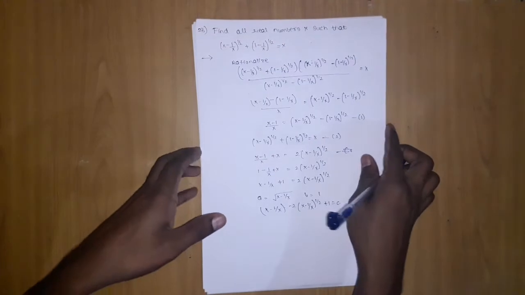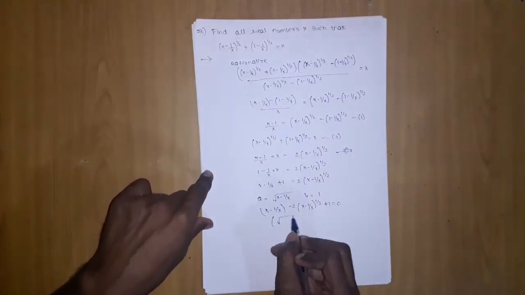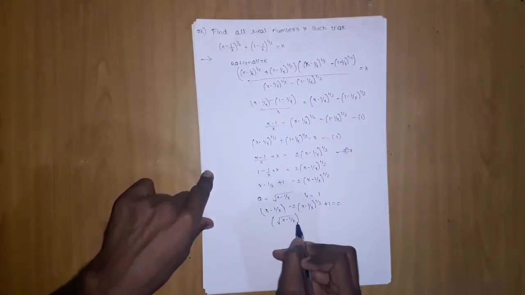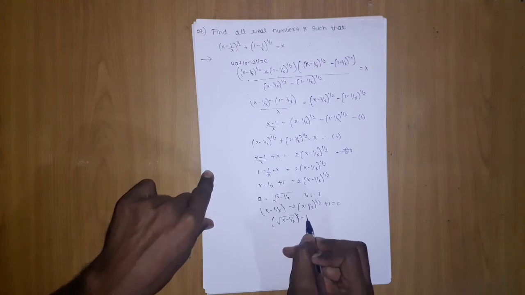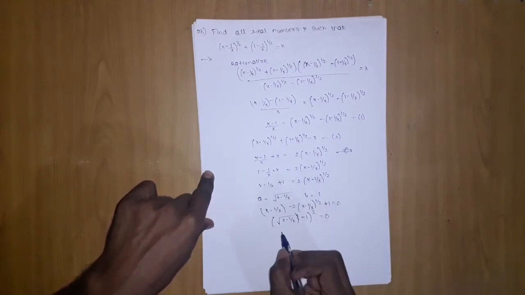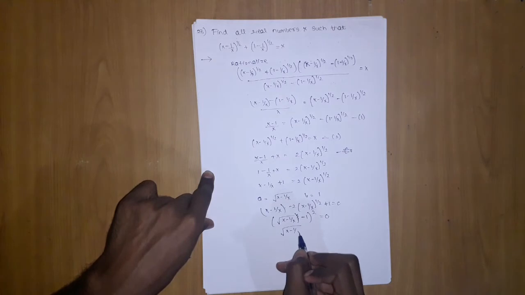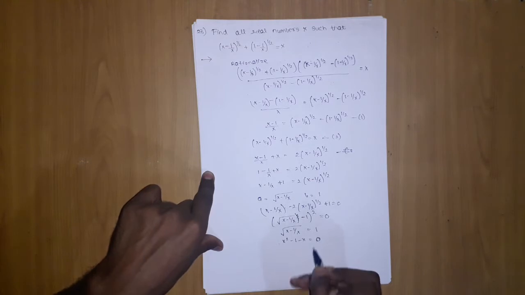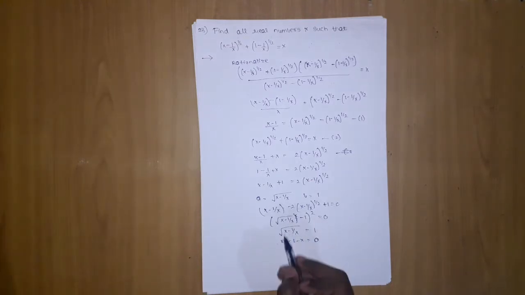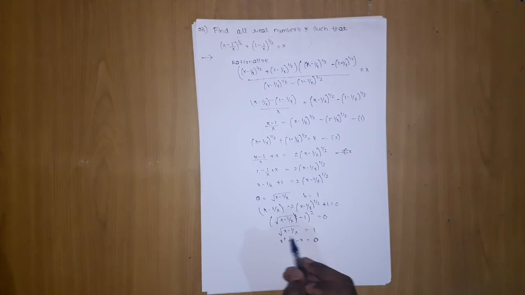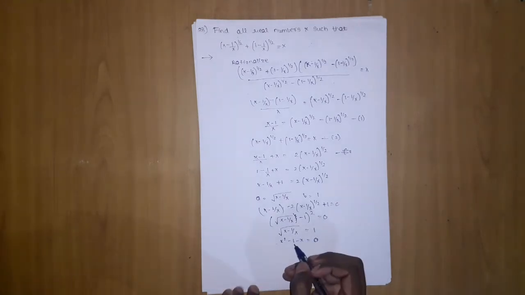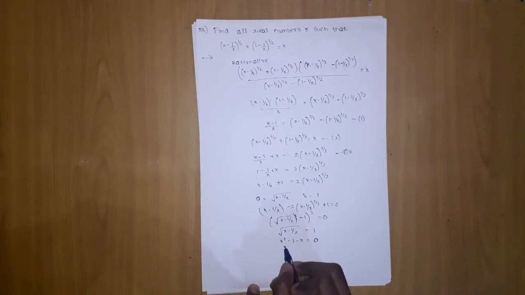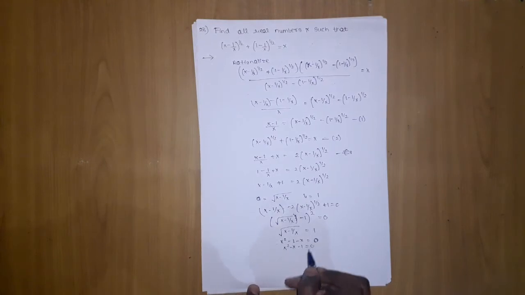Okay guys, I will write this like this: (under root (x minus 1 by x) minus 1) the whole square equal to 0. Now under root (x minus 1 by x) should be equal to 1, and squaring this, it should be equal to 1. So x square minus 1 minus x should be 0. Okay, moving further, x square minus x minus 1 should be equal to 0.